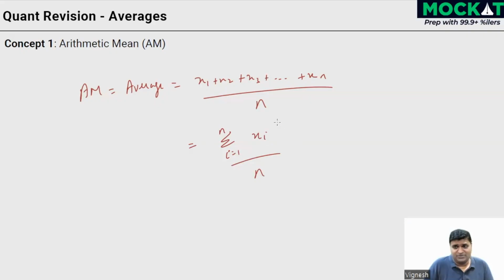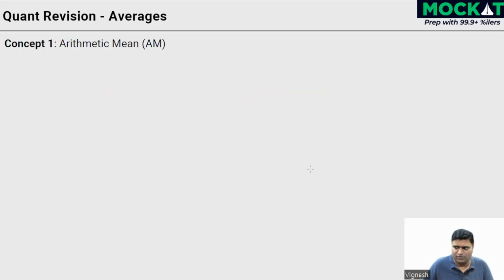Those who want to remember it this way can, but forget all of these. I mean, it's all correct. I'm not saying no. Just stick to the plain old simple: total by number of terms is average. That's it. Understanding it in simple words is the more important part here.